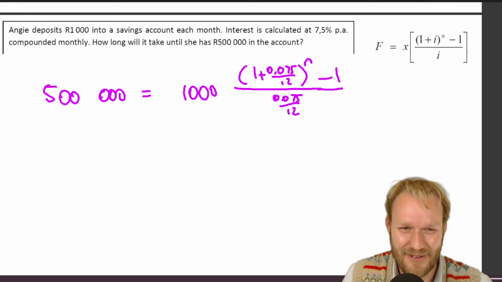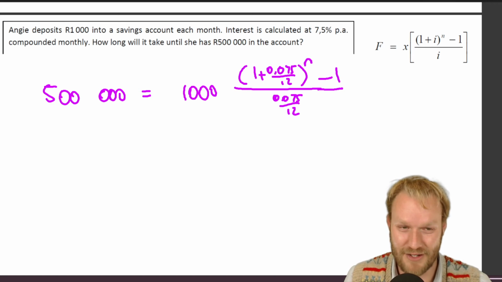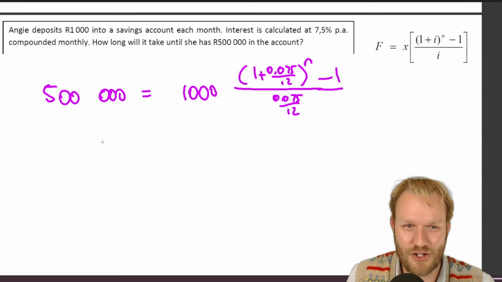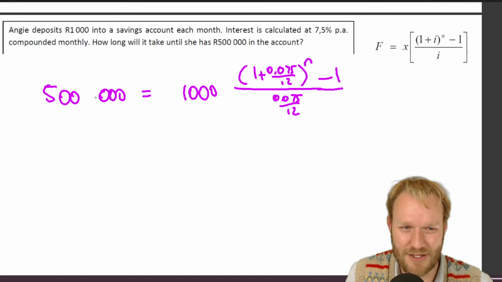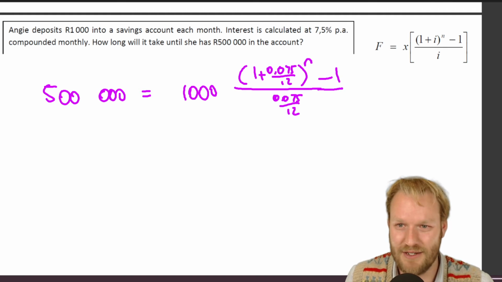So we got 500,000 divided by this, and by 1,000. So 500. I'm just going to show my steps a little bit, that we've got 500 equals that. Then we want to multiply by that denominator.